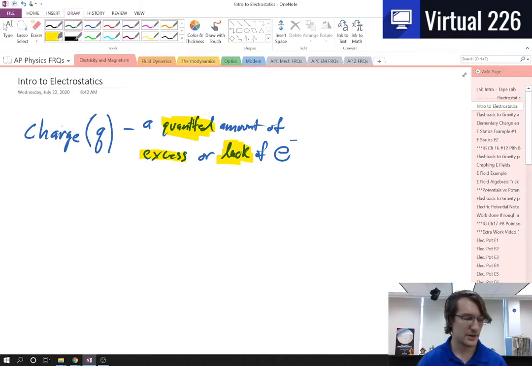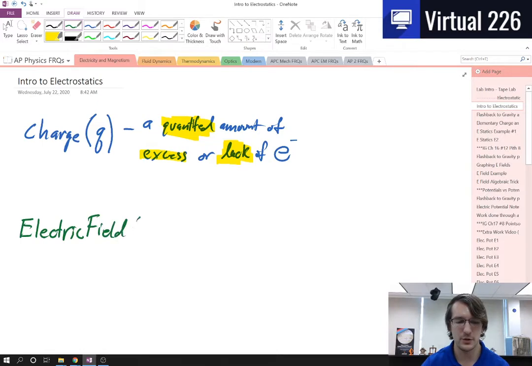The other topic that maybe you've looked at before, maybe you haven't, is an electric field. So the electric field is going to use the symbol of a capital E, and it is a vector. So we're going to put a vector arrow over the top of this E here. That represents the electric field. And the electric field is defined in kind of a mathematical way, but it is simply a force per unit charge.